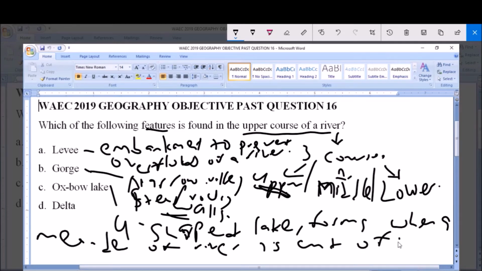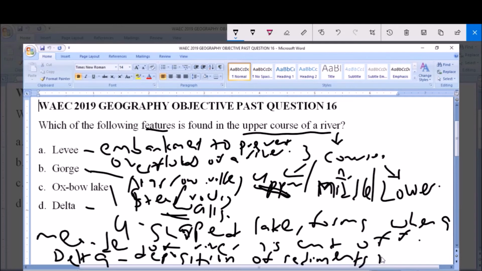So it forms a separate body of water on its own. Meanwhile, a delta is formed by deposition of sediments from a river.